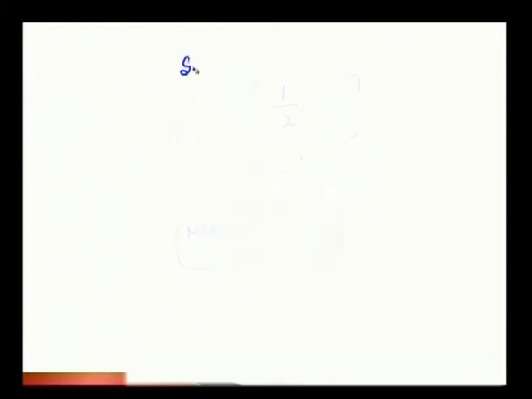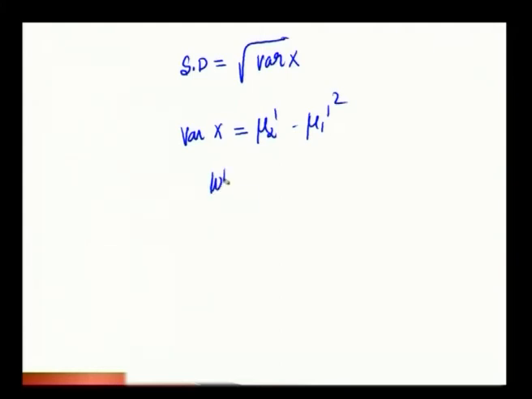The standard deviation, SD, is nothing but the root of variance of x, and variance of x in terms of moments formula is mu 2 dash minus mu 1 dash square. Mu 1 dash you already found out and the answer came to be equal to 1 by 3. You are yet to find out mu 2 dash.